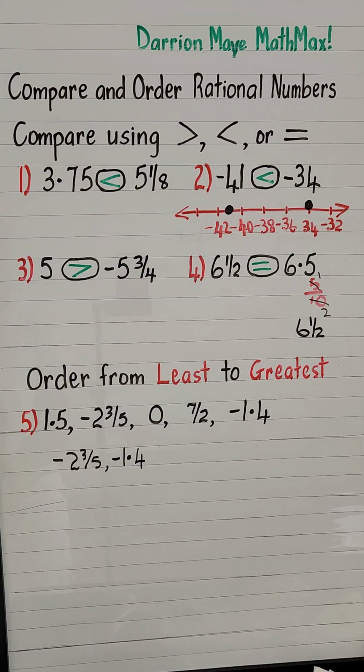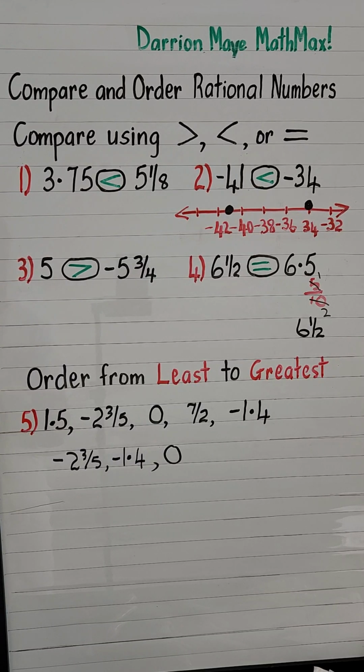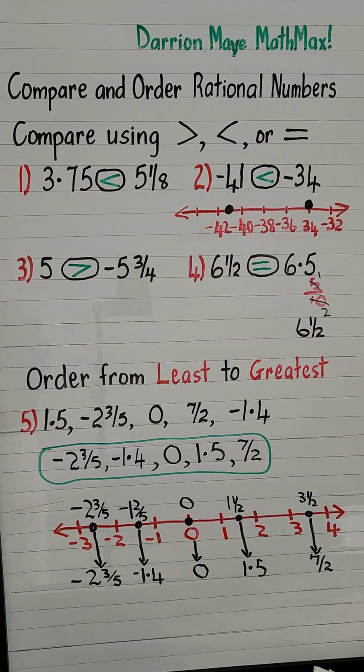So our next number in our order would be 0, and then 1.5, and then 7 over 2, which is 3.5. So from least to greatest, we have negative 2 3/5, negative 1.4, 0, 1.5, and 7 over 2.